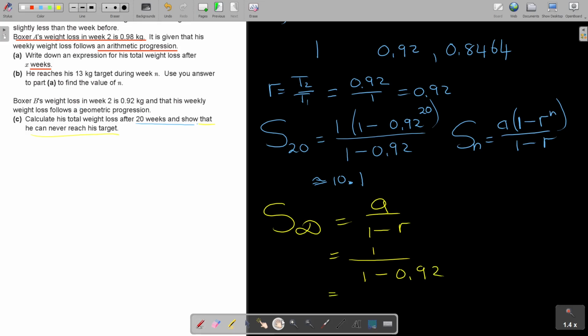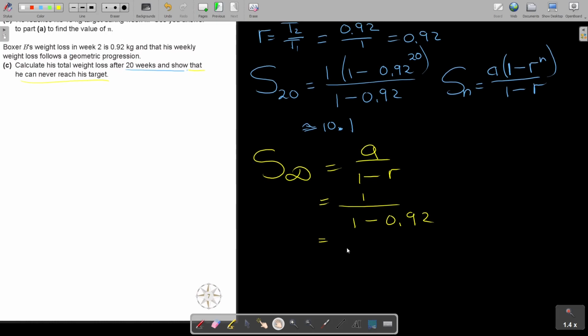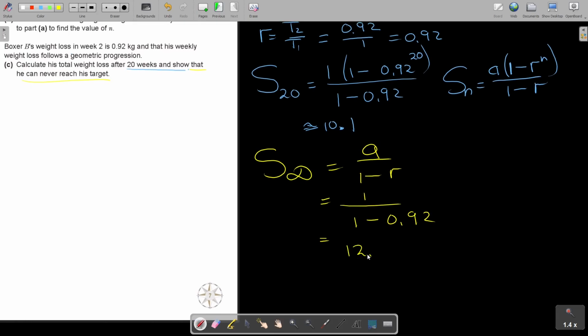And if I simplify that, I get 12.5. So the upper limit is 12.5. So therefore, 12.5 will never reach his target because it's smaller than 13. So on that pattern, he's not going to get his 13 kilograms down if it's a geometric progression.